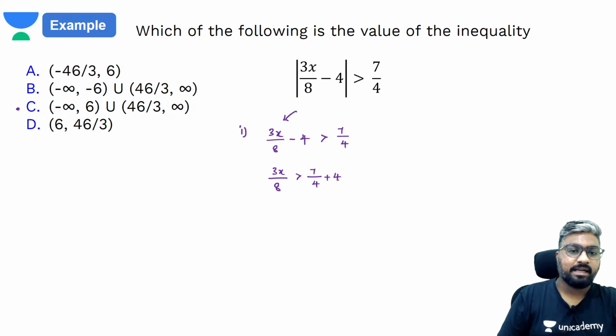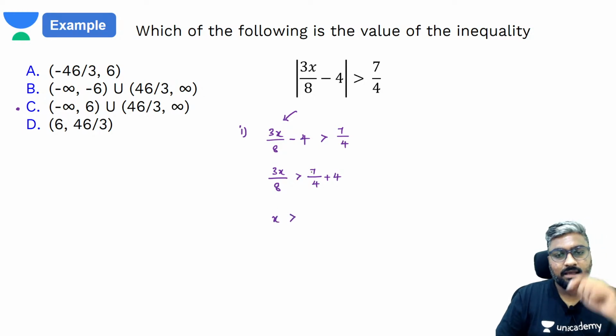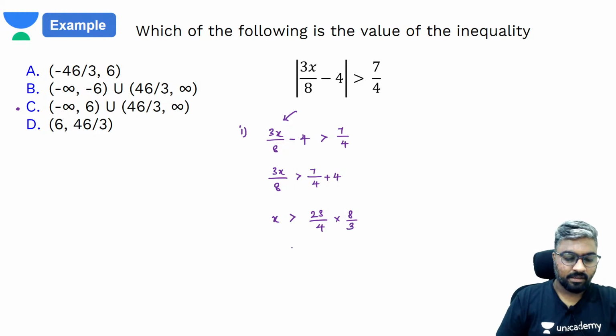Then multiply the entire equation by 8/3. So x is greater than 23/4 multiplied by 8/3, that is 16 plus 7, 23 by 4. So x must always be greater than what? 46 by 3.